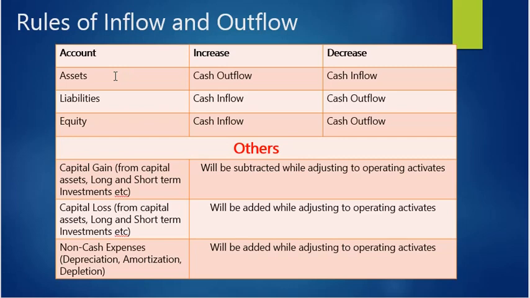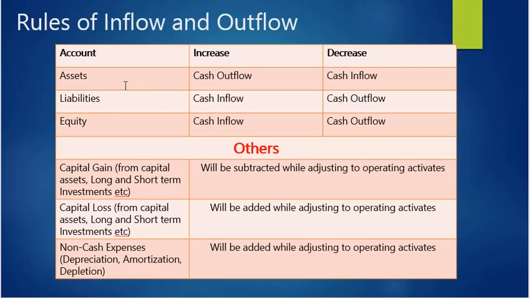Now I have purchased a land, so the asset has increased with me. Obviously I must have paid money for that, or if not, then I'm about to pay. We are not going to focus on about to pay; we assume that we have paid, so that would be considered a cash outflow, because here the cash becomes a use of the fund.